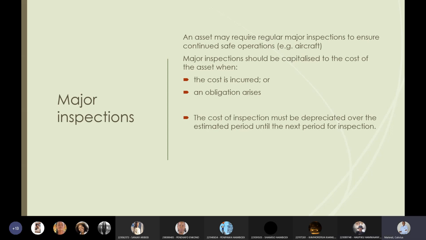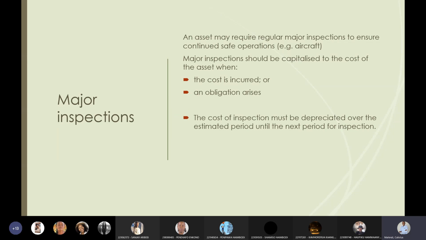Okay. Or you can have it over a number of years. So an inspection needs to be done, let's say, on a factory building after every 2 years, for instance. Then after every 2 years, you need to do an inspection, and you should account for depreciation over 2 years until the next period of the inspection.